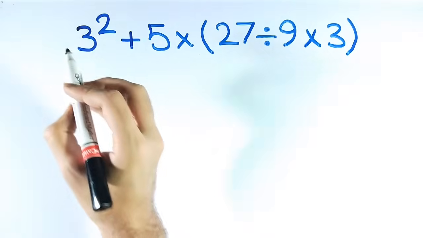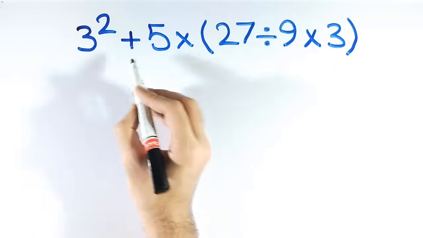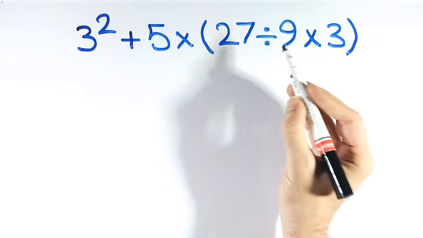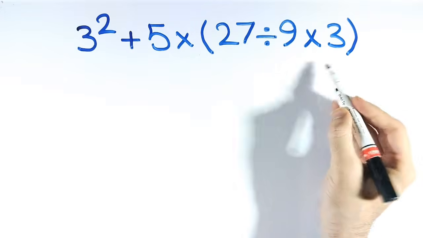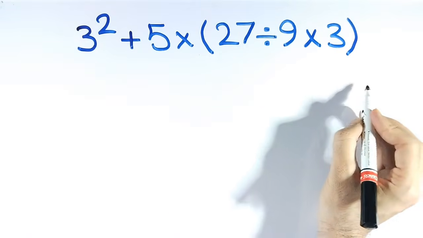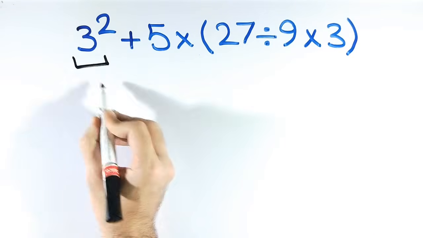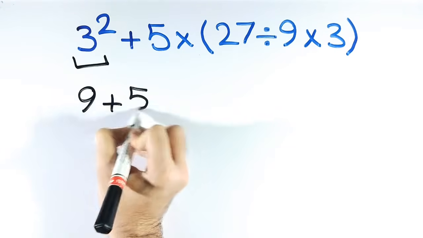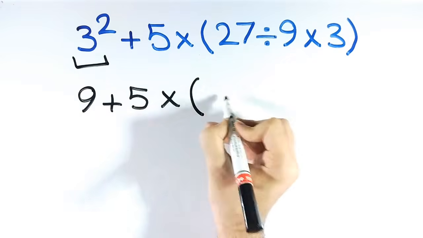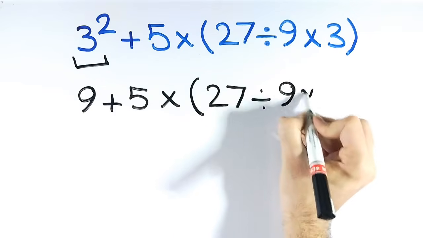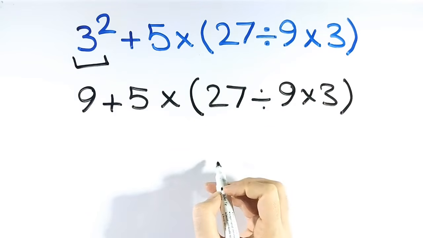What is the value of the expression 3 squared plus 5 multiplied by open parentheses 27 divided by 9 times 3 close parentheses? Many people, when solving this question, go straight to the exponent, and instead of this expression, they write 9 plus 5 multiplied by open parentheses 27 divided by 9 times 3 close parentheses.